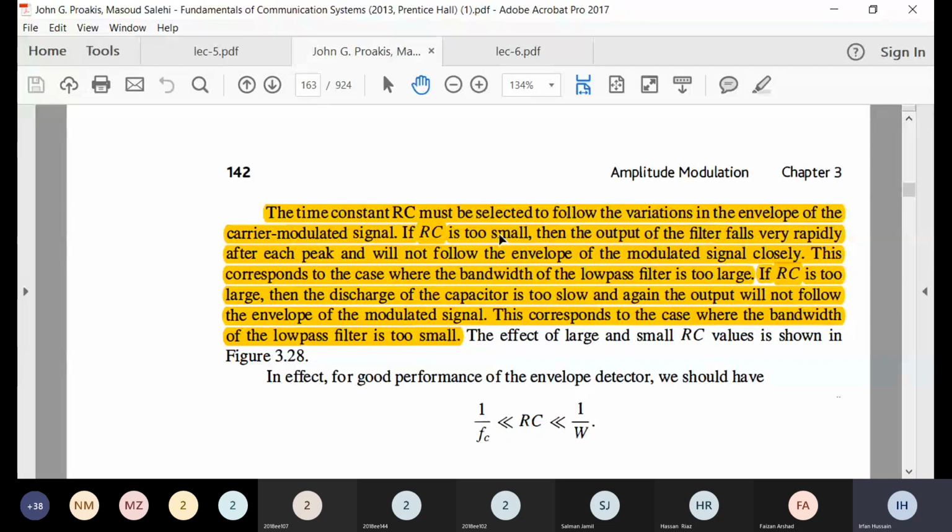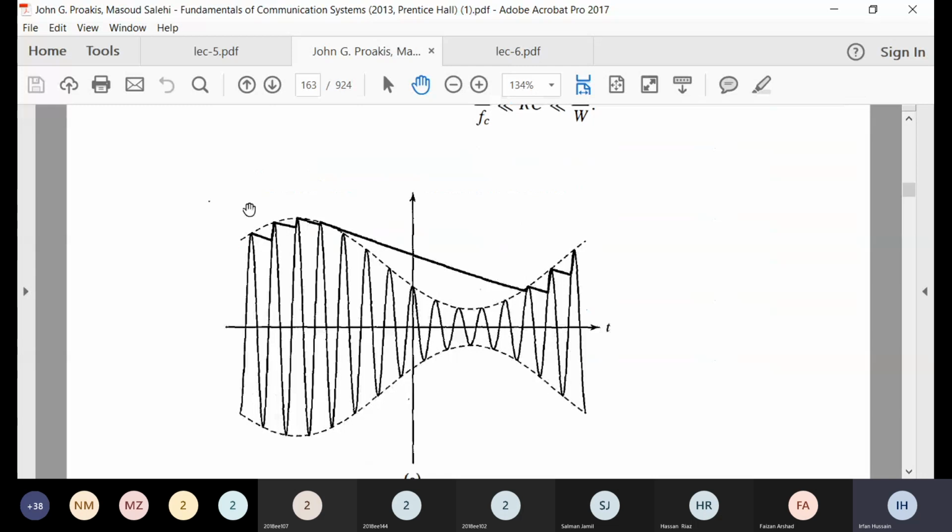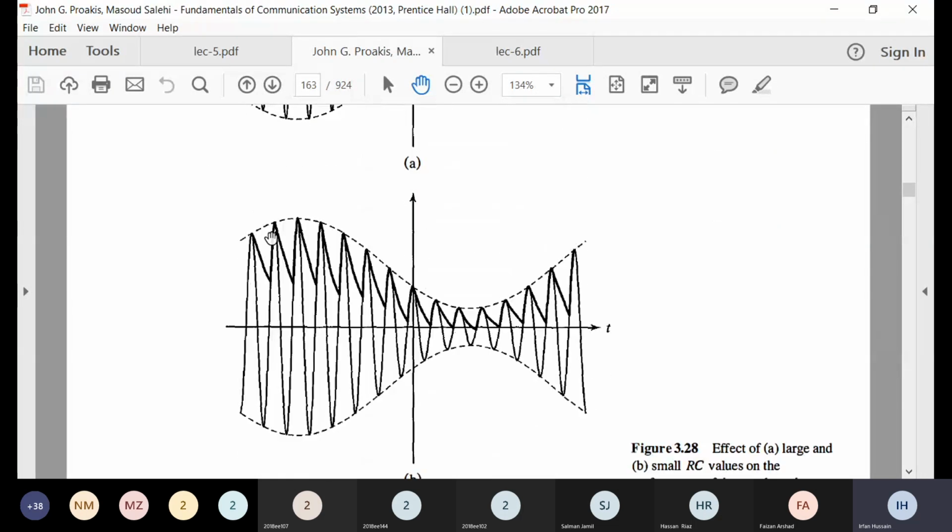In that case, you charge from here to here, but as soon as your voltage becomes greater than the input voltage, you start discharging. Then again you are charging. So your signal will look like this, and it will not follow the envelope of the AM signal, which it needs to follow.